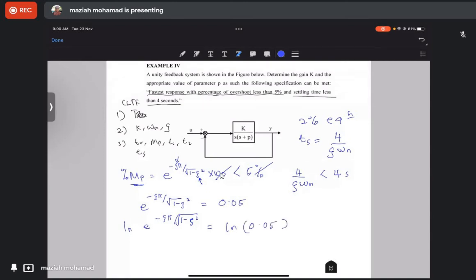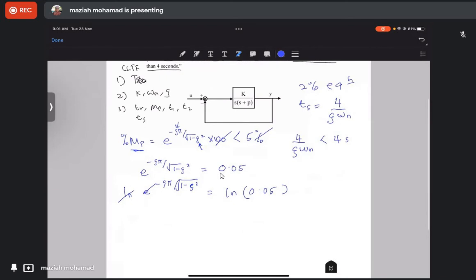By having ln, we can cancel the exponent. Just continue to calculate and you will get zeta. Please calculate and tell me the value of zeta.